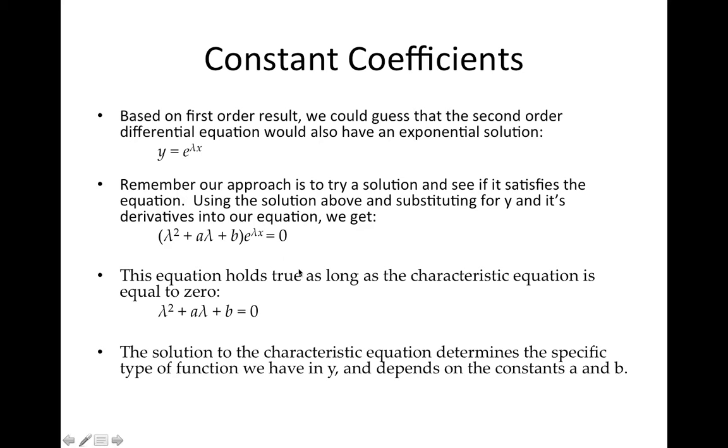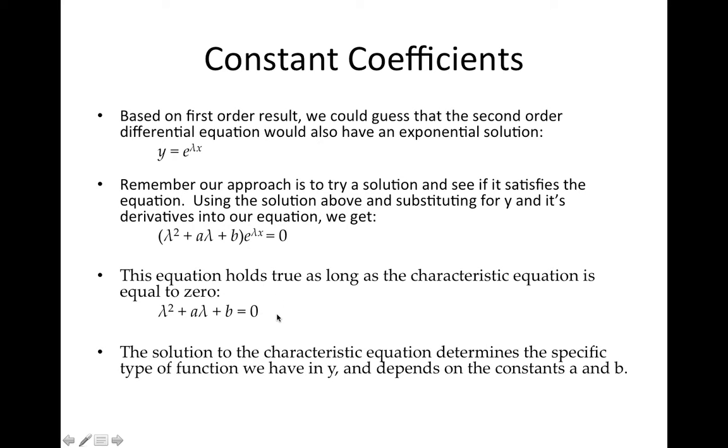So the second bullet point here, the equation listed directly under, is what we get if we plug in e to the lambda x into our second order differential equation with constant coefficients and factor out an e to the lambda x, which of course is going to be common to each term. Now, we don't want e to the lambda x to be 0 because that would be a trivial solution.